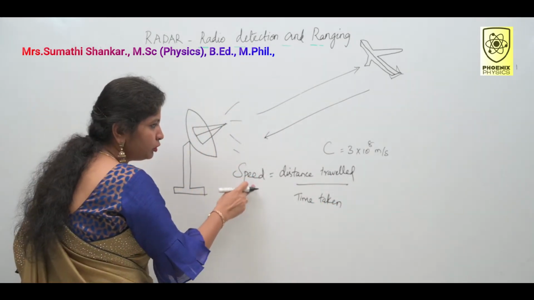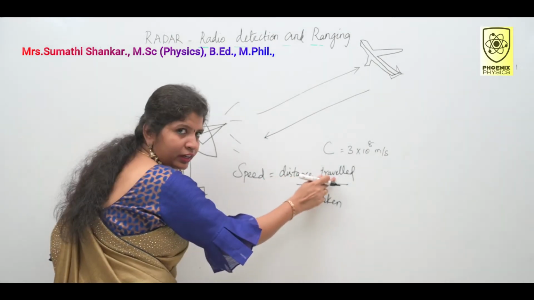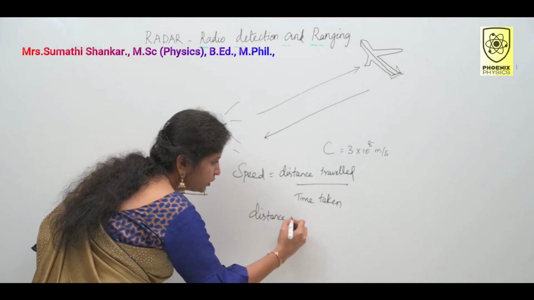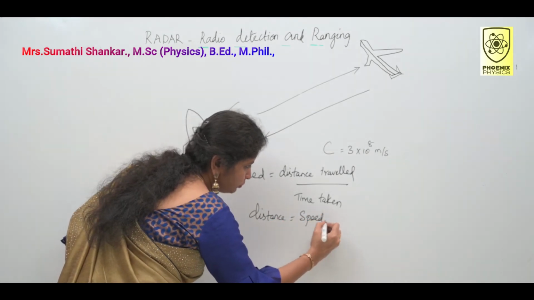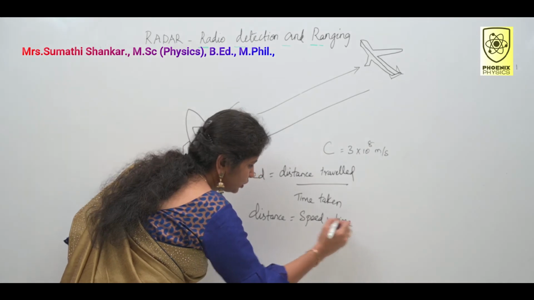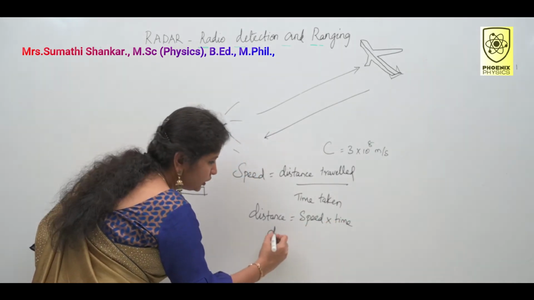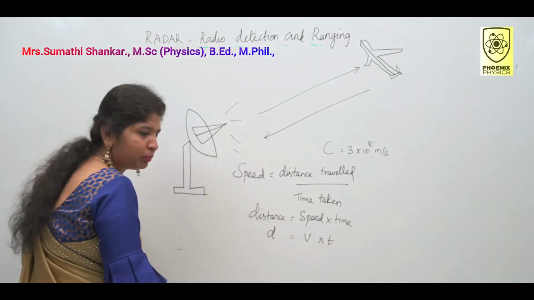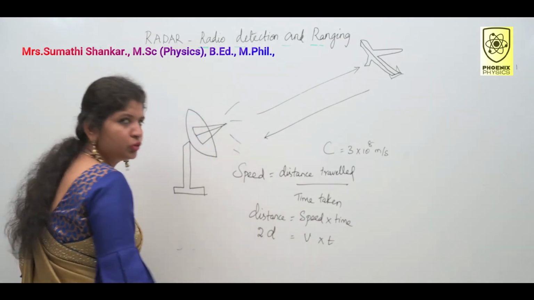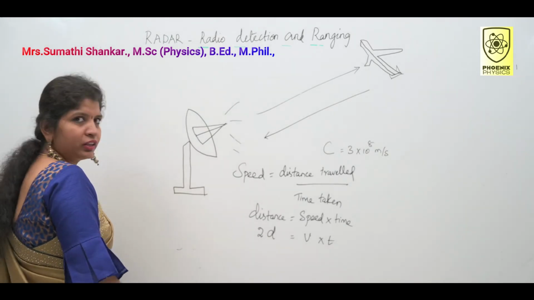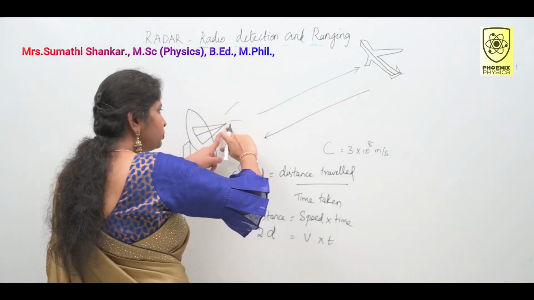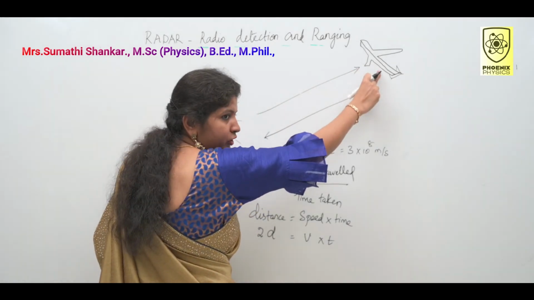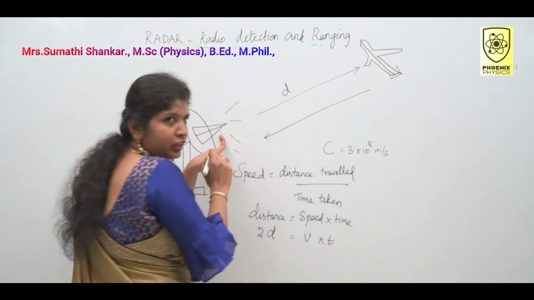Right. I am going to measure the distance, so bring this distance here. Distance is nothing but speed into time. Distance is d, speed is v, and the time is t. But I am writing the distance as 2d. Why? Because the signal is transmitted from the radar antenna to the object, so it travels a distance d.